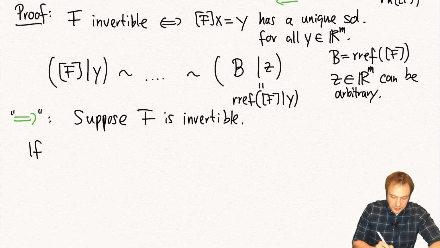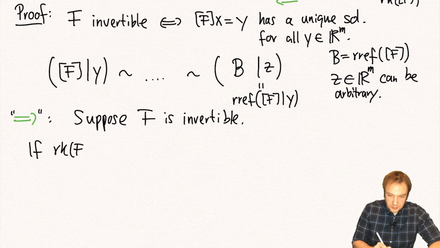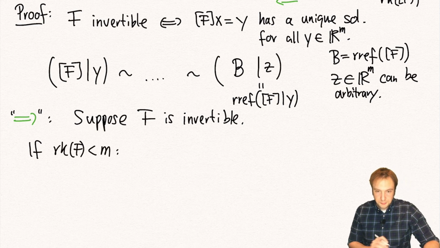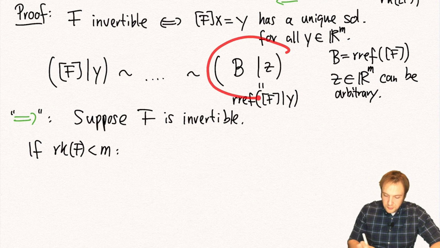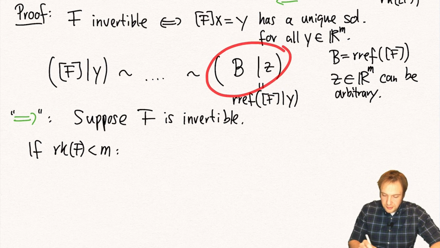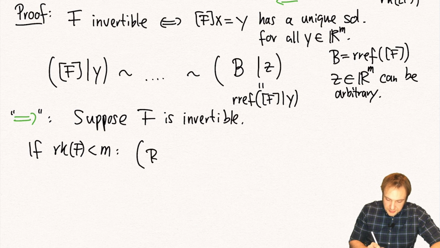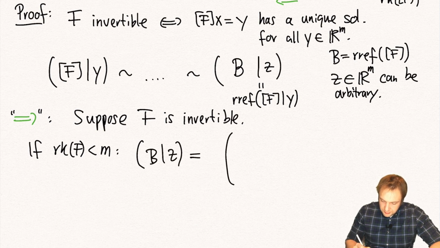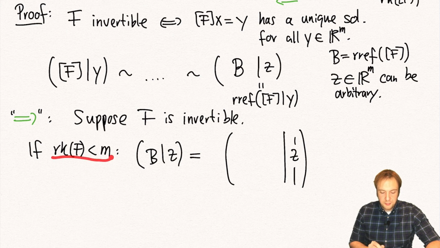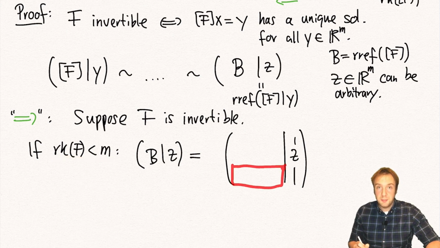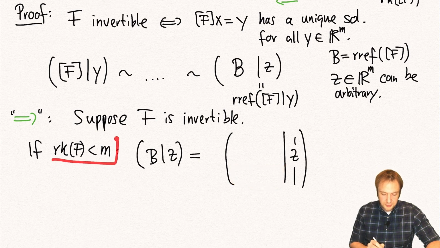So if the rank of f is smaller than the number of rows, how does this look? So (B|z) will be some matrix. Here we have the z, and if the rank is smaller, this means that there are some rows here which do not contain a pivot element, because this is exactly the statement here.